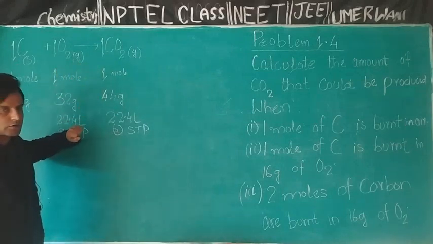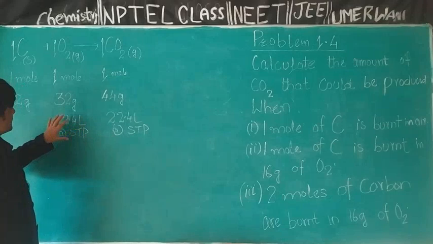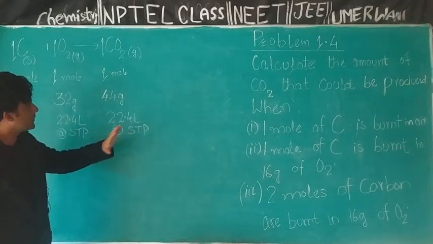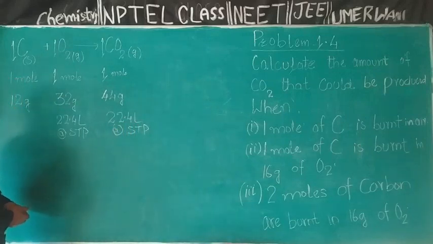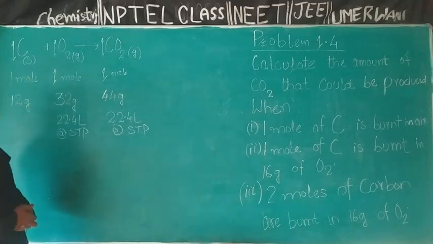Oxygen and carbon dioxide are gases, for them the Avogadro principle applies. And in order to get 22.4 liters of carbon dioxide at STP, we need to take 22.4 liters of dioxygen gas at STP. This quantitative information is called reaction stoichiometry.